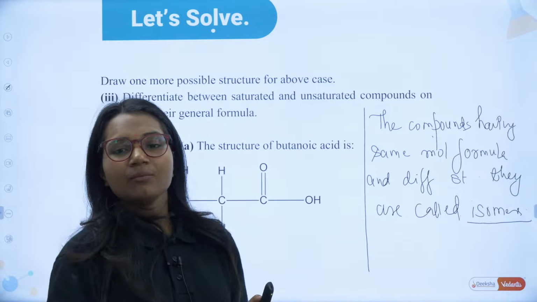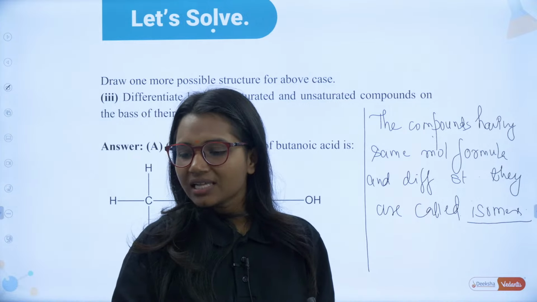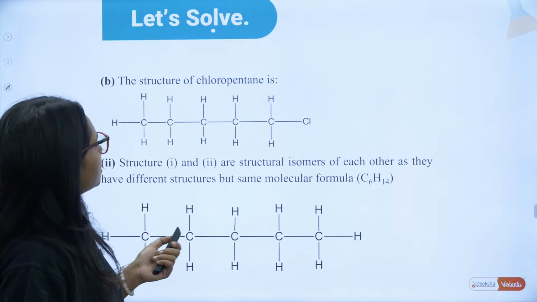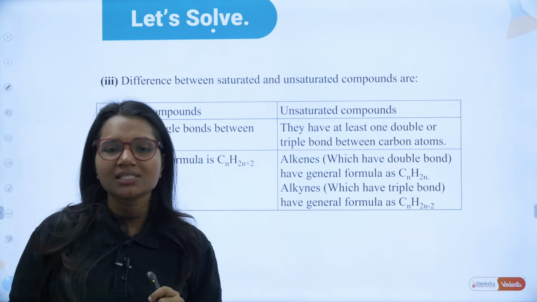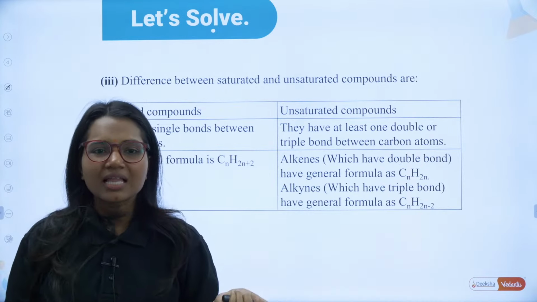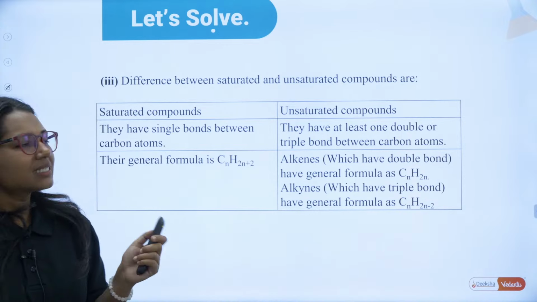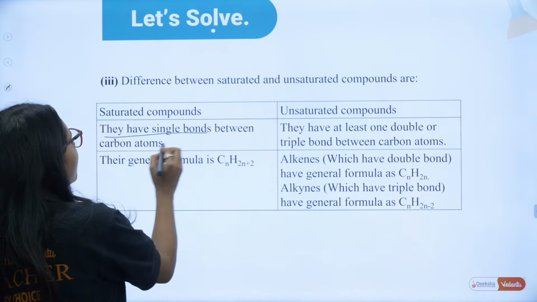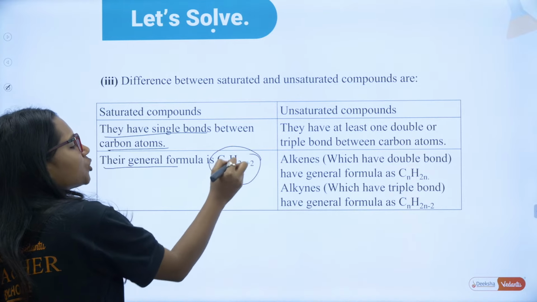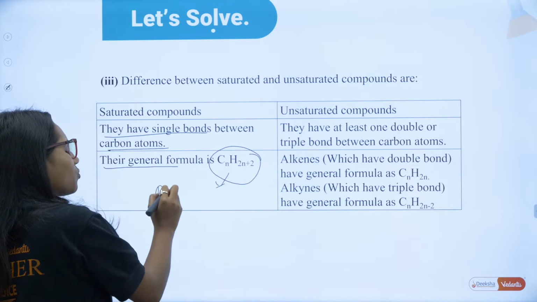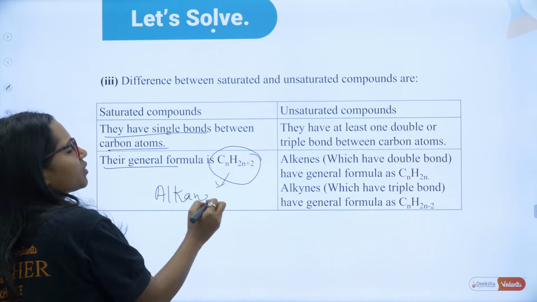I hope that you guys have understood this question. What is the difference between saturated and unsaturated? Saturated means they have single bonds between carbon atoms. Their general formula is CnH2n+2. This is the formula for alkane.